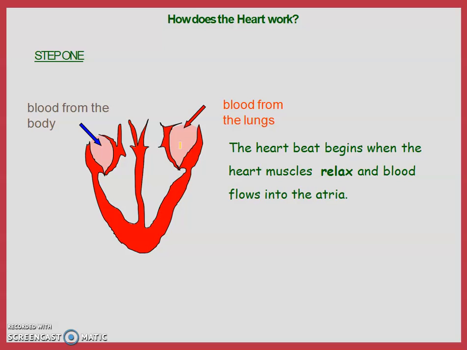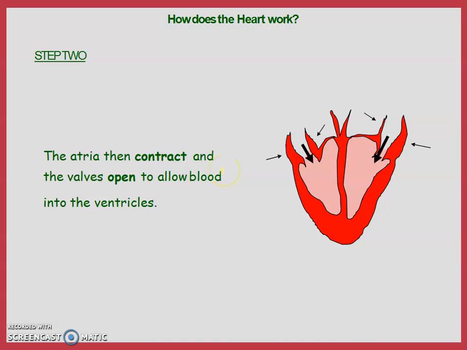Blood drains into the auricles. When the auricles are filled, the valves get pressure. The atrium then contracts and the valves open to allow blood into the ventricles. Then the valves will close. The atrium puts pressure on the valves, and blood enters into the ventricles with pressure.